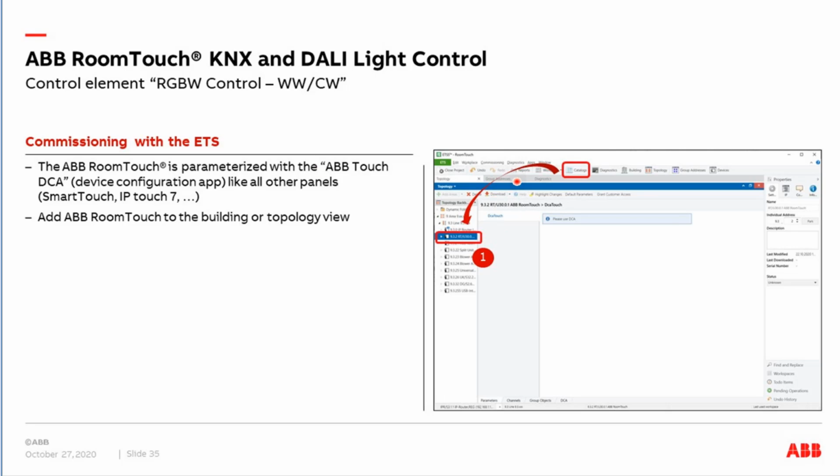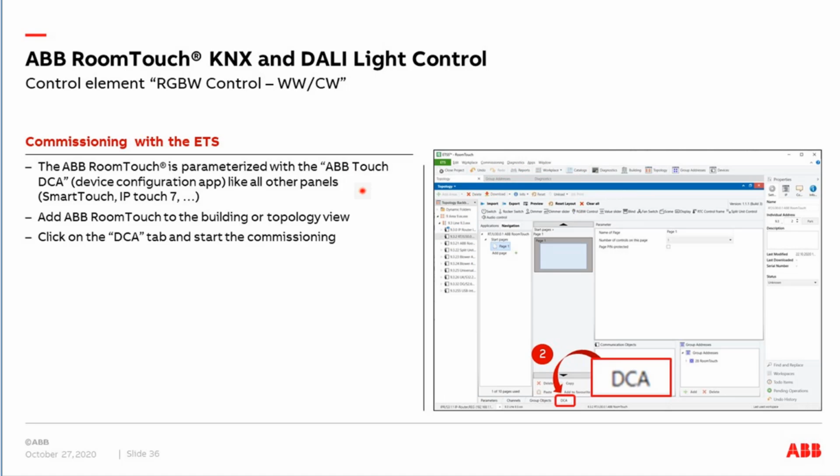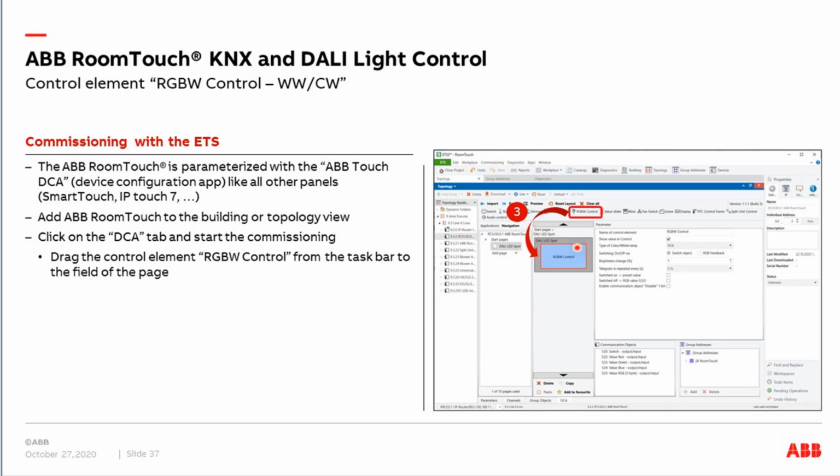For example, we can add a new RoomTouch in our project, or we can continue working with the existing one. Do not forget to click on this DCA button so that we can see our DCA configuration page, and then we start with our element. From our taskbar via drag and drop we add again such a control element to one of our pages.